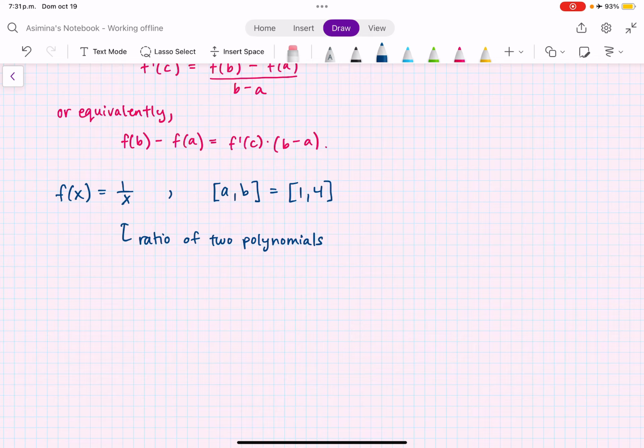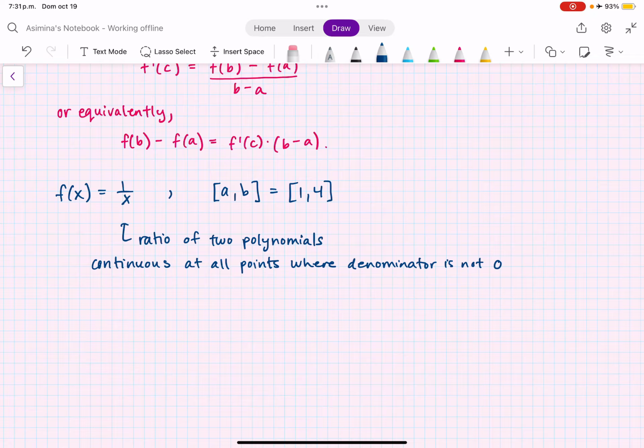So I'll write that down. Now, when is the denominator 0?